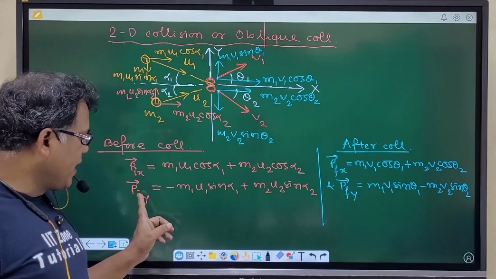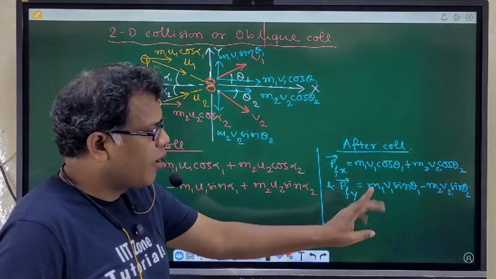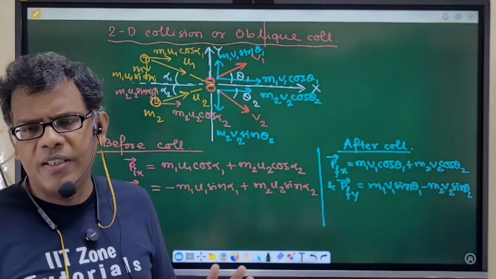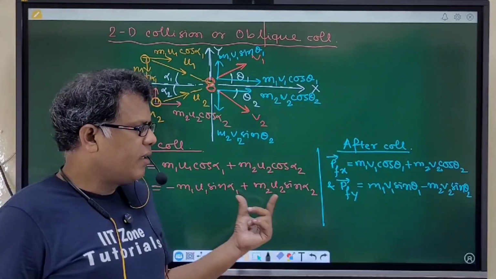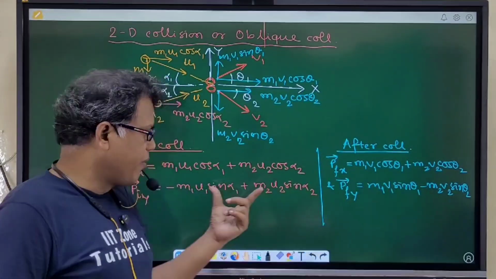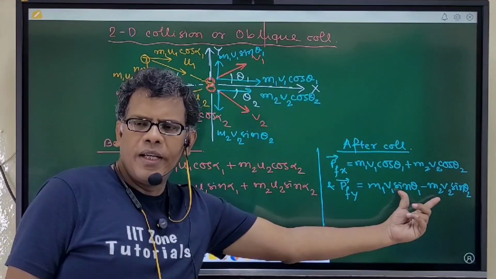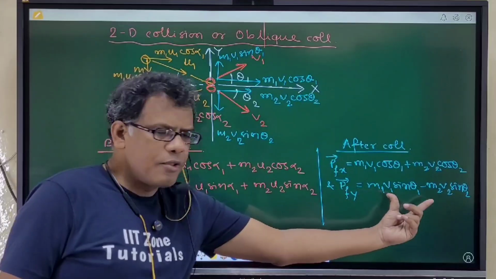Whatever I get for P initial along y, P final along y will be the same in magnitude and sign. If it is positive, this will be positive of the same magnitude. If it is negative, this will be negative. If it is 0, this will be 0.